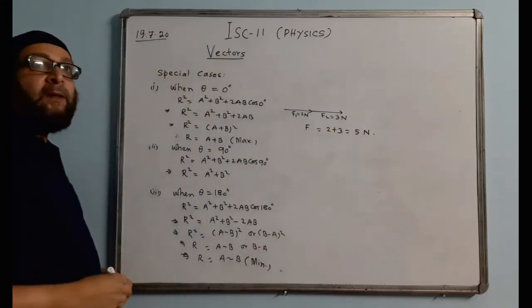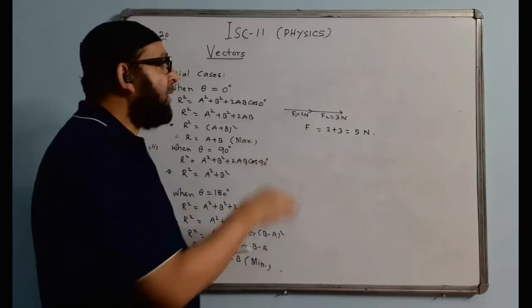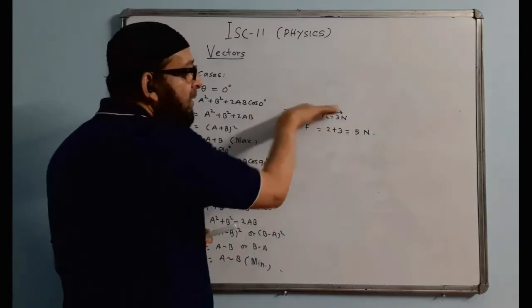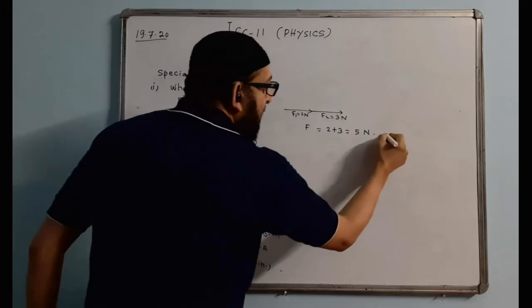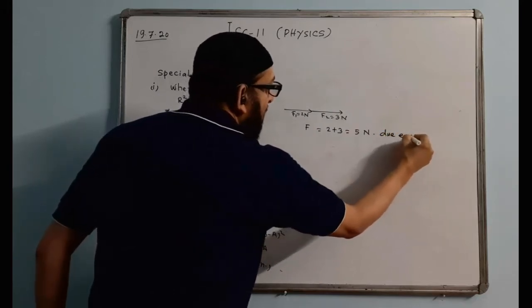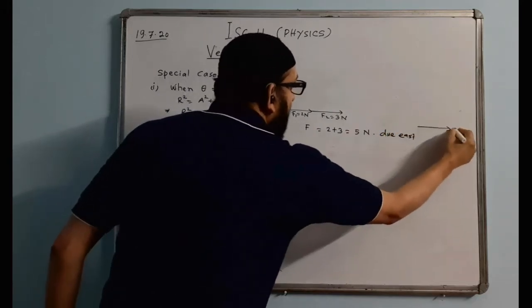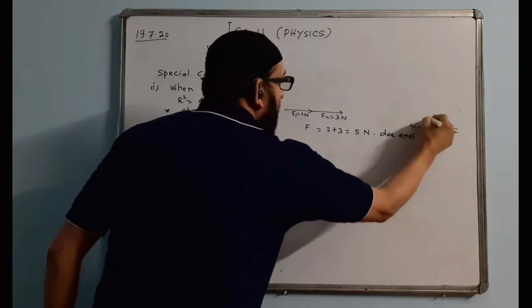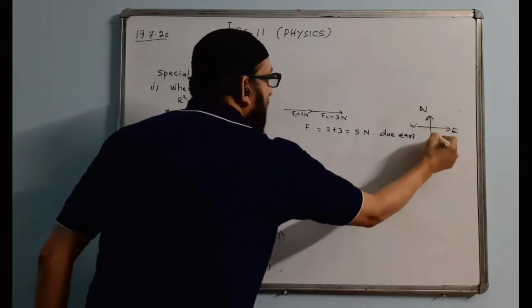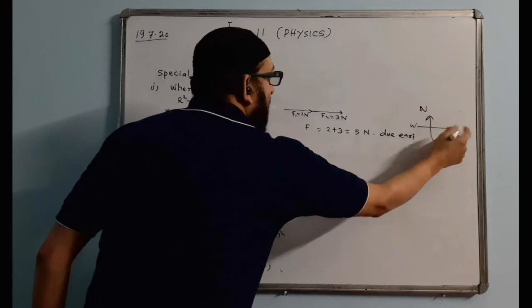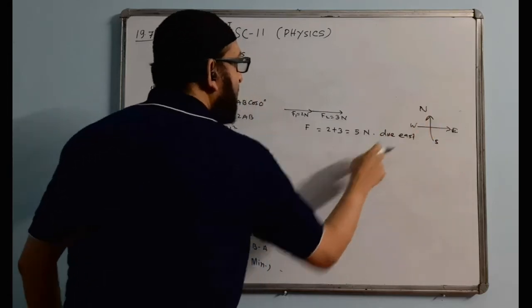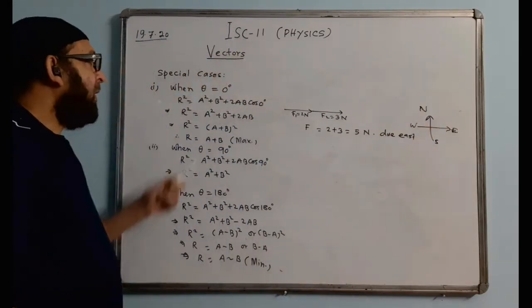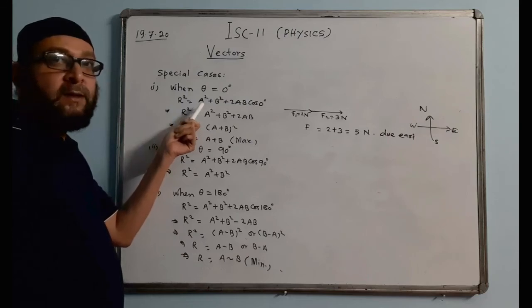And the direction will be the direction of any one of them. If this direction is east, we can write here due east. If you follow this mapping, then this will be the direction of east.